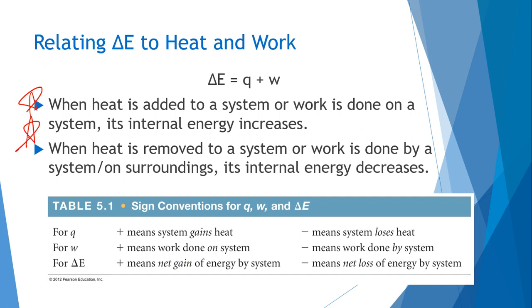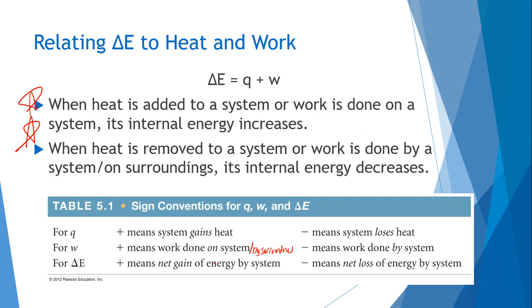These are two that I'm going to star because you have to understand this concept. The book that I teach out of gives the following table to tell you positive versus negative values. So again, if the system gains heat, we tend to get a positive Q. If it loses heat, you get a negative Q. If work is done on the system, or sometimes we say by surroundings, we're going to get a positive value.